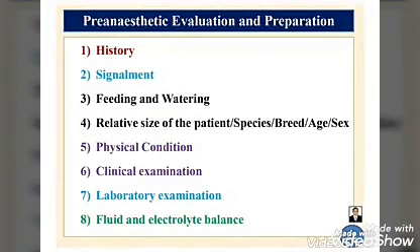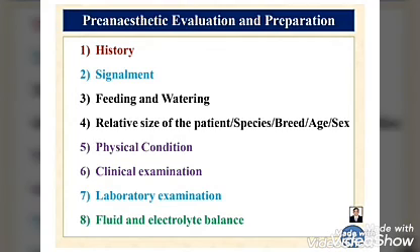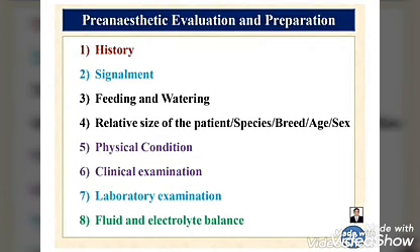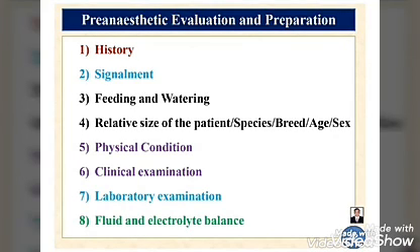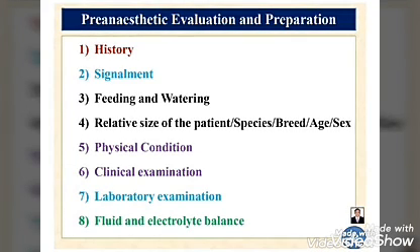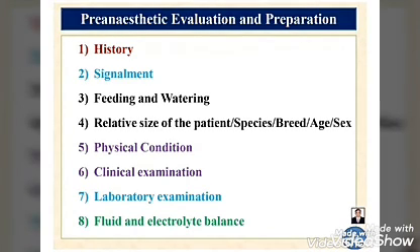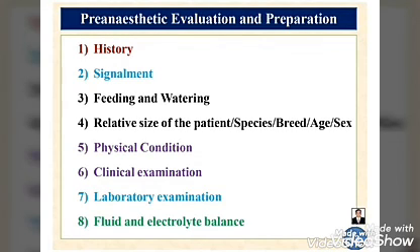Before the administration of any anesthetic agent, first perform pre-anesthetic evaluation. Pre-anesthetic evaluation must be performed before the administration of any drug. This is a very important slide on how to evaluate the animals and how to prepare the animal for the administration of the drug.